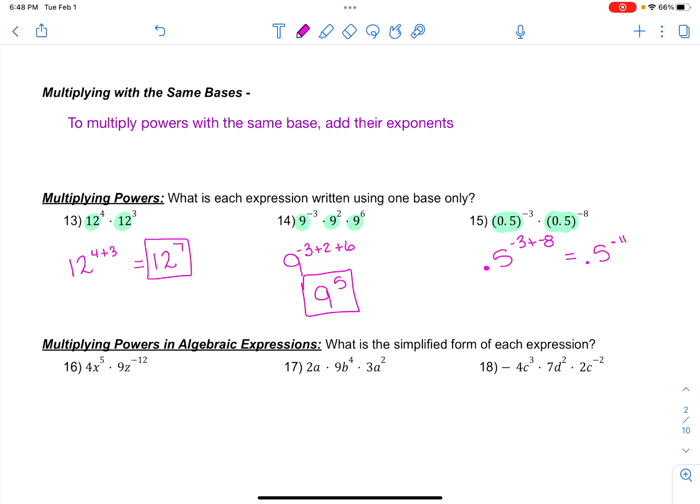So we have this negative exponent. We know we can't have that. Remember, this is over that imaginary 1. So to make this positive, we have to move it into the bottom. So that gives us 1 over 0.5 to the 11th power.